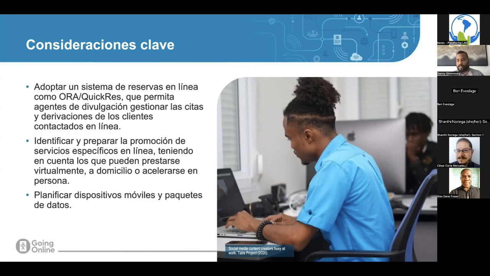So that's pretty much the experience we've had with iFlex in Jamaica. And these considerations that we've outlined here come from their unique experience in the Caribbean reaching men. Next slide, please.